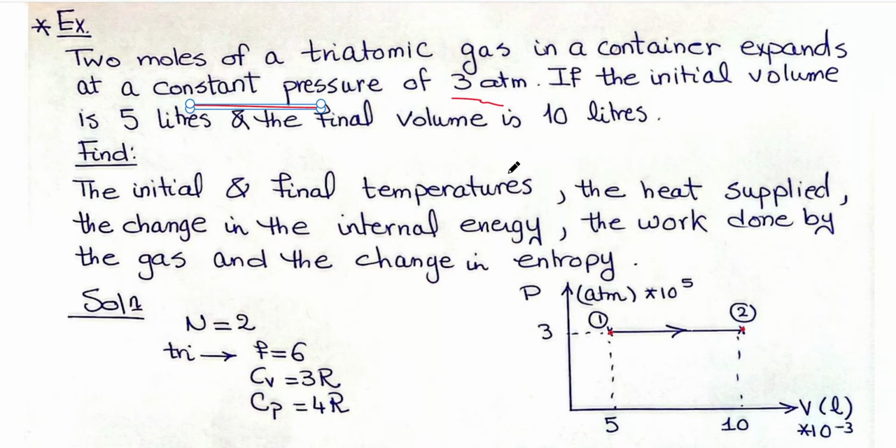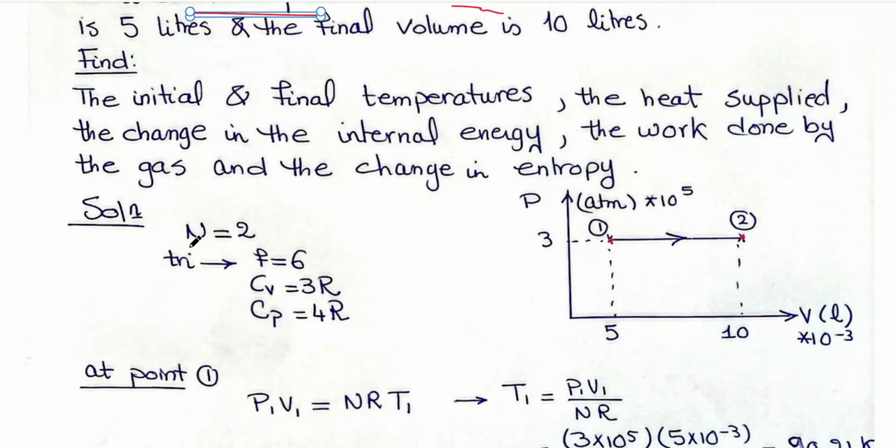Let's start. What kind of gas? Triatomic gas. And how many moles? 2 moles. So I'll summarize my givens: n equals 2, triatomic, so you write f equals 6, Cv 3R, Cp 4R. Then I will start to find the temperature.